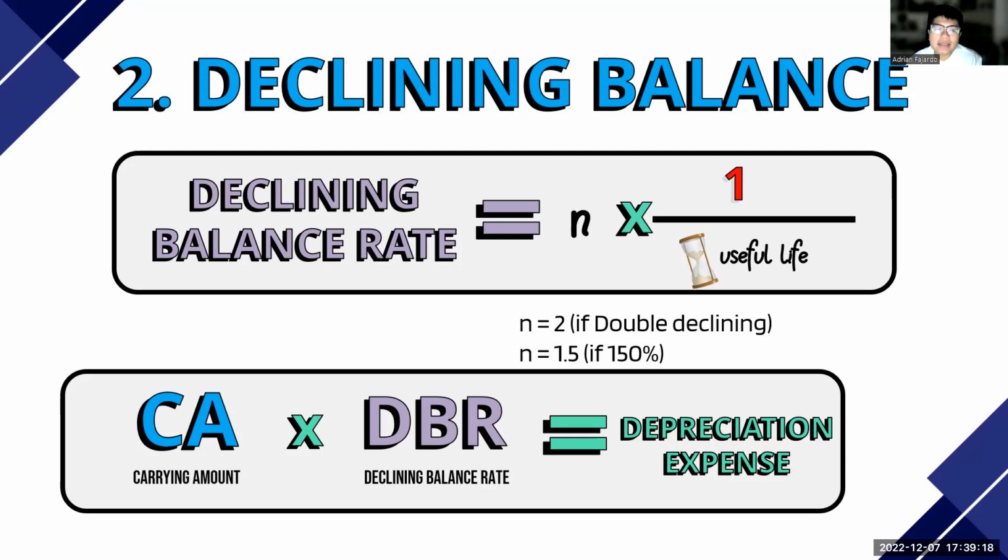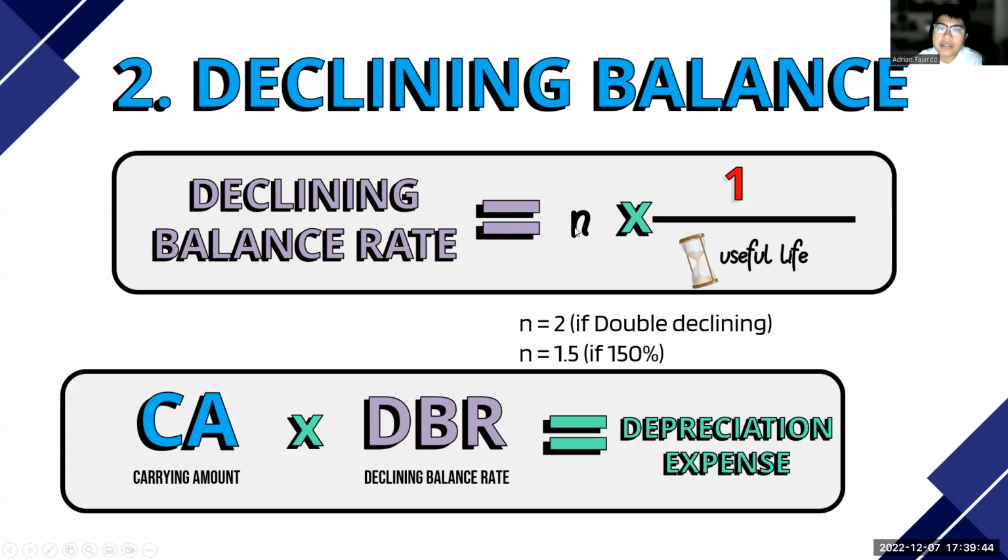And the declining balance, instead of parang divide or finding an annual depreciation rate, what they first find is what they call a declining balance rate. Wherein, this is the formula. N, so be careful. If it's a declining balance of double declining, N is equal to 2. If 150%, N is equal to 1.5.